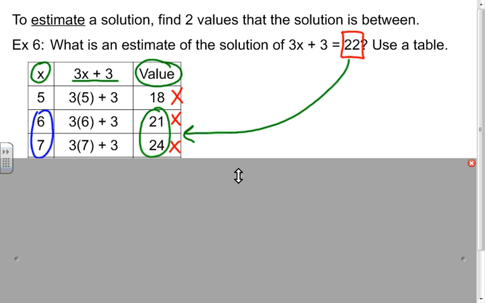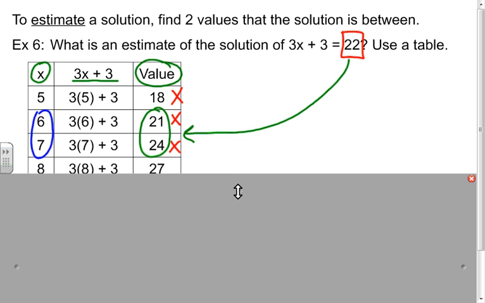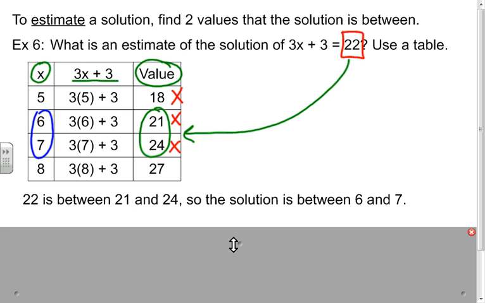I don't know exactly what the answer is. I'm trying to estimate. Since 22 comes between 21 and 24, that means my solution is between 6 and 7, and that's how you write it, between two numbers. It's between 6 and 7. That's my estimate.